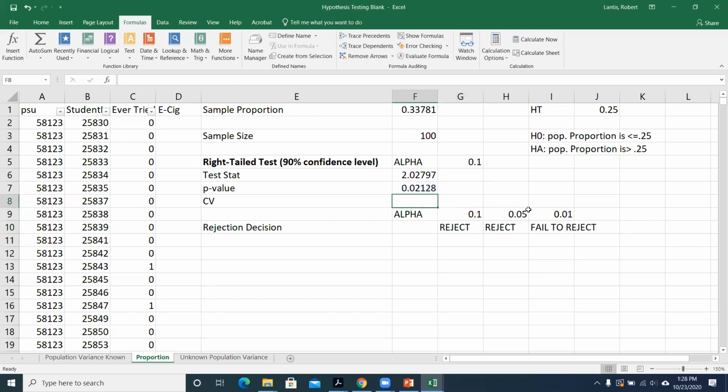Now, I could also do the critical value approach. The problem here is if I'm doing it in one cell, I'm only going to be able to test it against one level. So let's say I test it against the 90% level. To find my critical value for the 90% level, I know the area in the tail that I want.